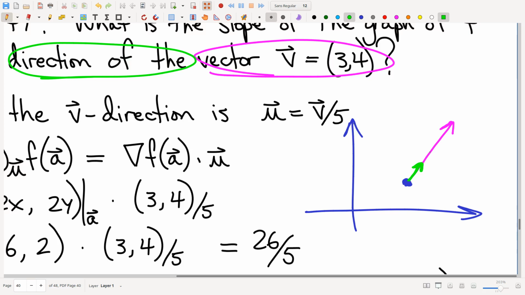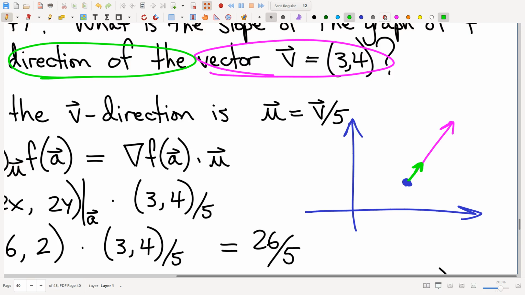Some students will look at this phrase, in the direction of the vector 3, 4, and think that this means toward the point 3, 4. Very importantly, it does not. Direction is part of the definition of what a vector is, and if there's a vector given, then we mean that direction that is part of what that vector defines. So not toward the point 3, 4.